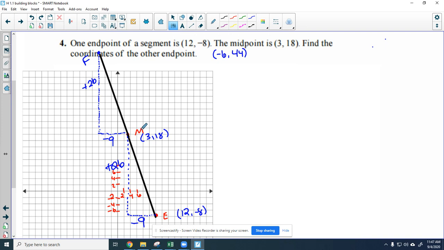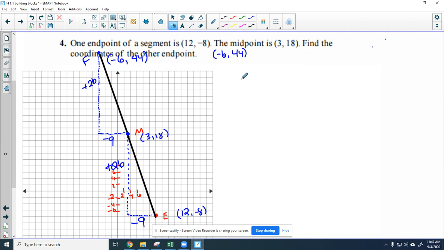This is where I left off, at point M. So if I'm going left 9 more, starting at 3 and subtracting 9, that puts me at negative 6 in the x direction. And then if I'm at 18 and I'm going to go up 26, I'm going to do 18 plus 26, and I get 44 out of that. And you can probably do something similar without actually graphing it. You just have to figure out the difference between E and M, and then just repeat that to get to that other endpoint, which again I called F.